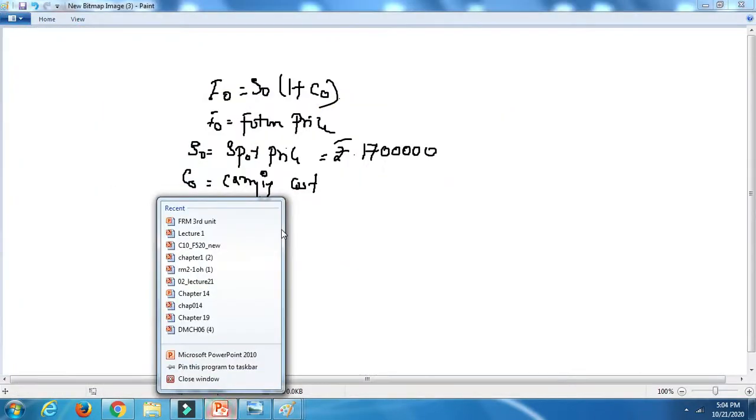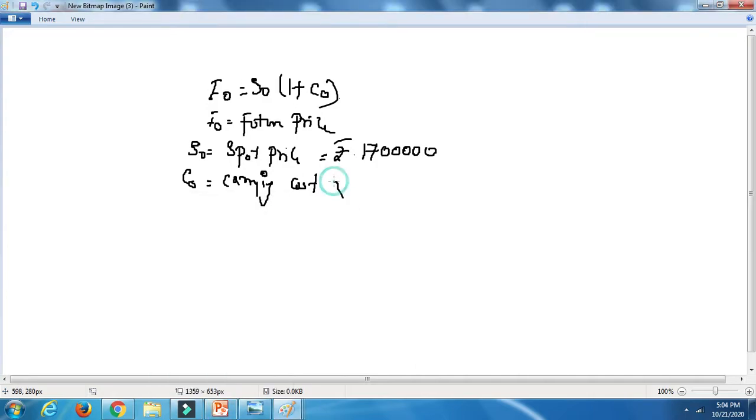Cost of carry 12% per annum, whereas it's been given 6 months period. So carrying period is nothing but your 6 months.